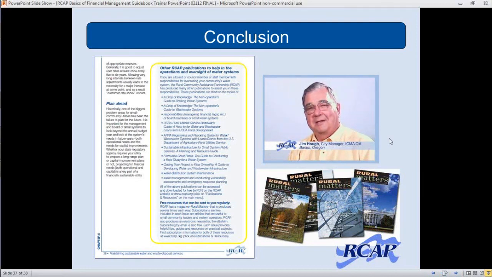I'm really glad to have had this opportunity to talk about this guidebook. It's really a great piece of work. It's very, very useful. I'm already using the guidebook in order to refresh my memory about many of the things that go into financial management. But I'm also using it to educate the folks that I work with, both the employees and also the governing body, in order to be able to talk a little bit more about the big picture, the financial big picture.